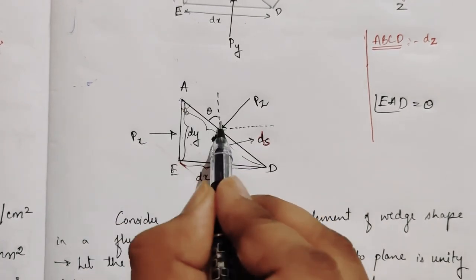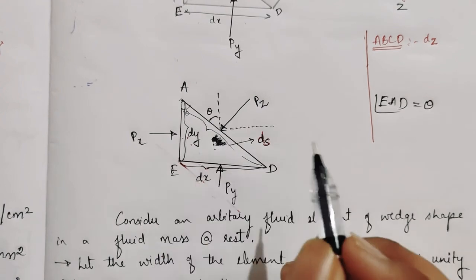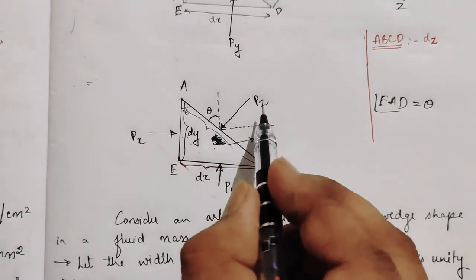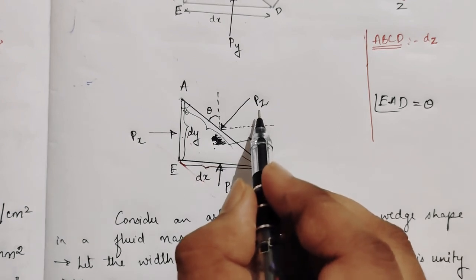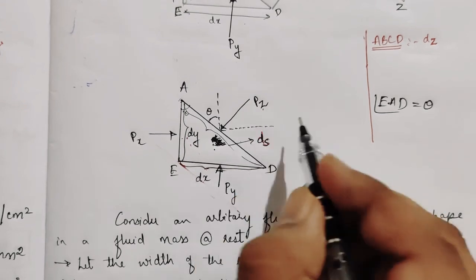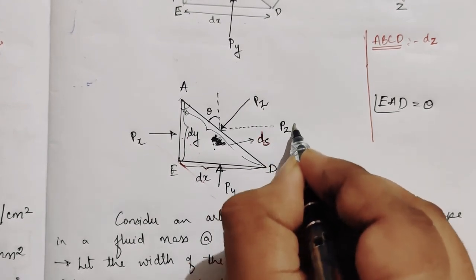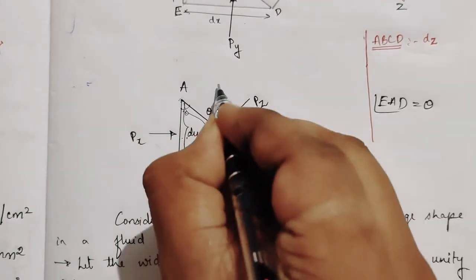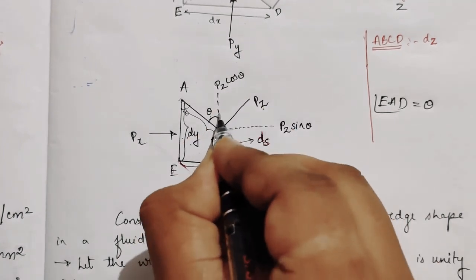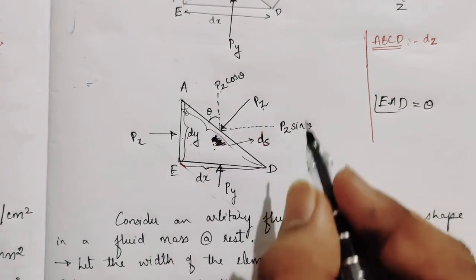Just consider this is theta from this inclined surface. So whenever we are solving the problem, this PZ will become sin theta, and this PZ will become cos theta because theta is adjacent here, so it will become PZ cos theta.